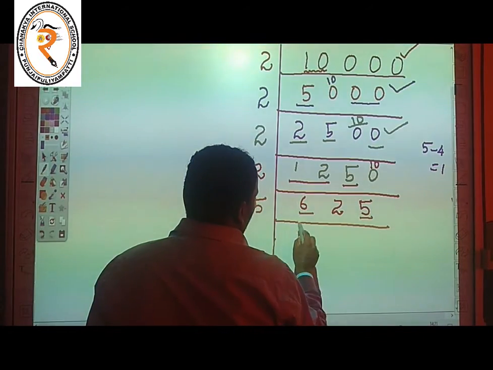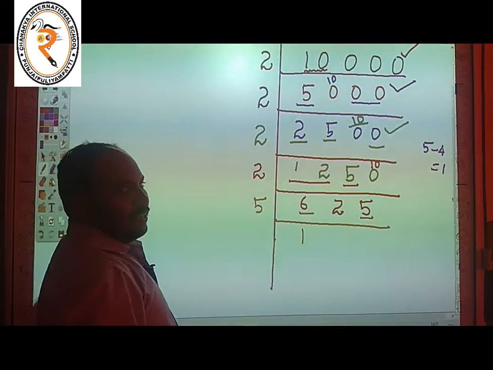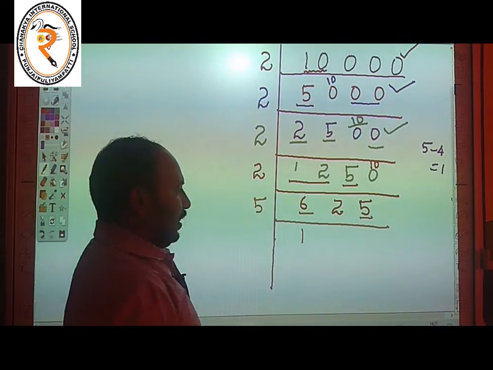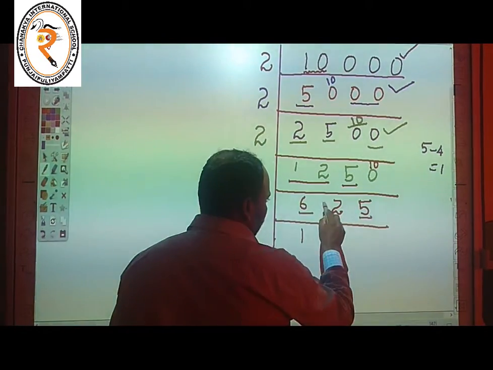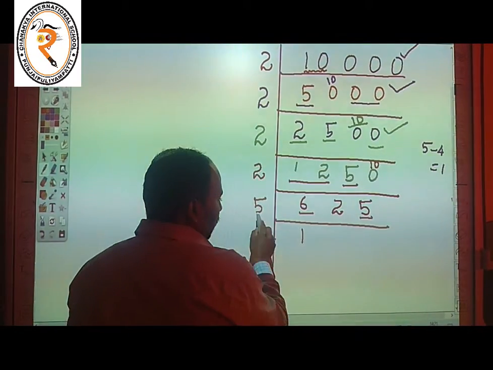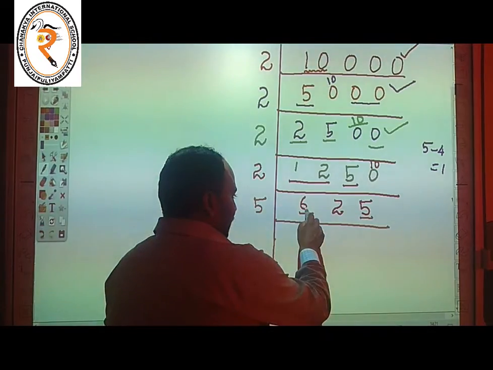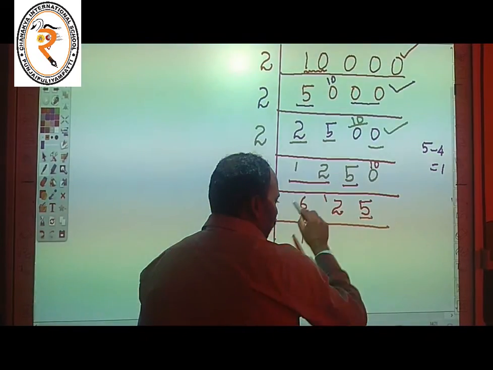First digit is 6. 1 into 5 is equal to 5. 6 minus 5 is equal to 1.